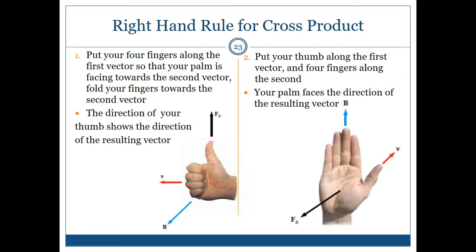You had curling of your fingers, fold V on top of the second vector B, your thumb would show the direction of the resultant vector F, or you could use your thumb to be the first vector in the cross product, your fingers to be the second vector, your palm would show the direction of the third and the resultant vector.